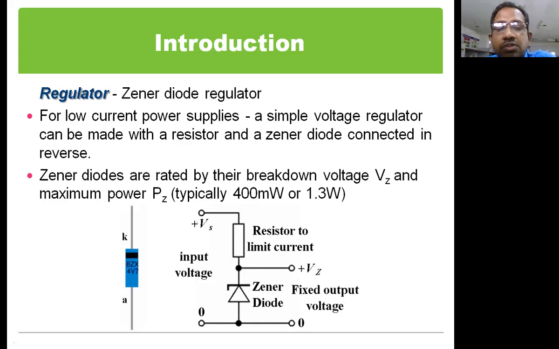The Zener diode is meant to operate only at low power, a maximum of 1.3 watts. So whenever we have low power supplies to be generated, then we use Zener diode regulators.